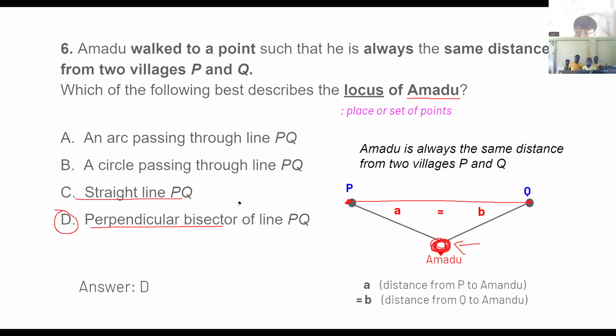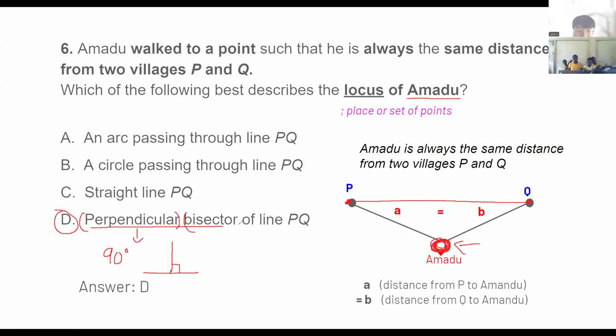Perpendicular means forming 90 degrees. For example, this straight line and this straight line are called perpendicular, because they form a 90 degree angle.